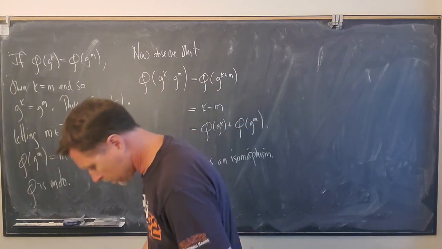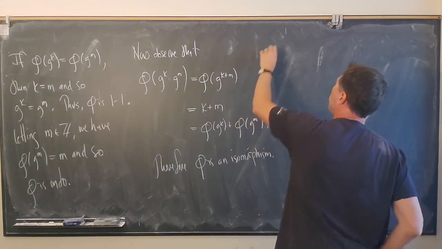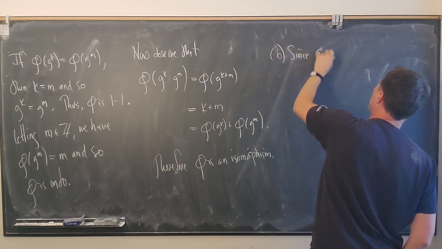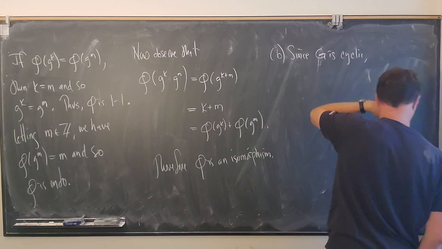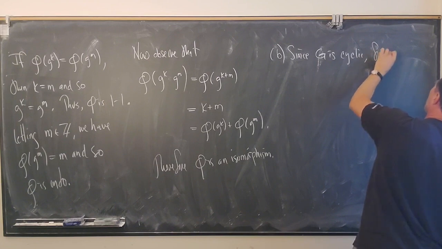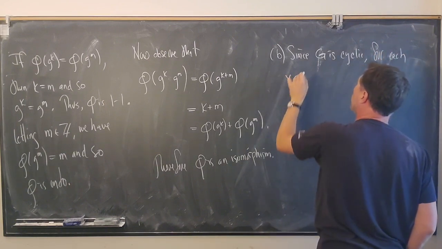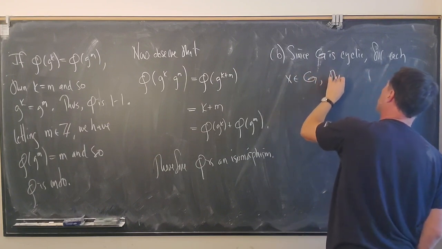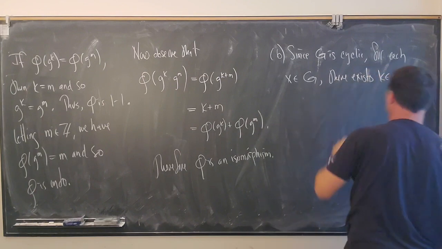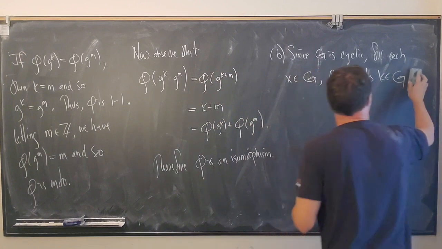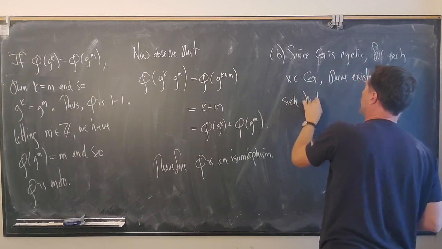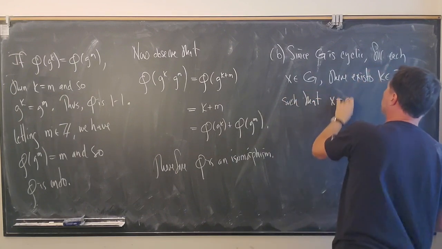Okay, now for part B. Since G is cyclic, for each x in G, there exists a little k in Z such that x is equal to g to the k.